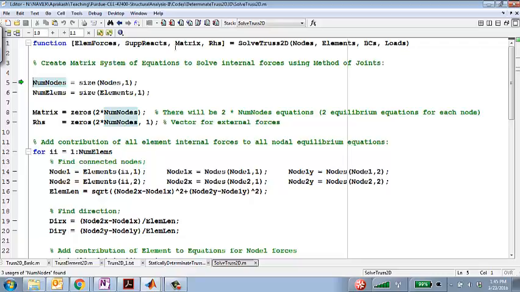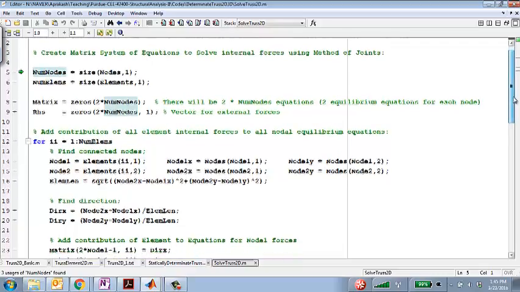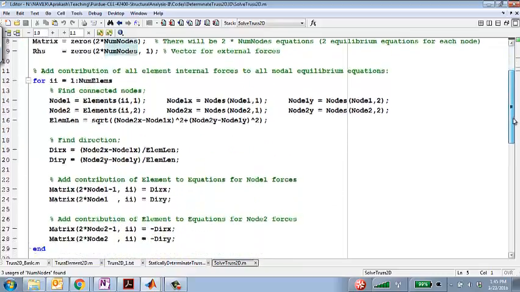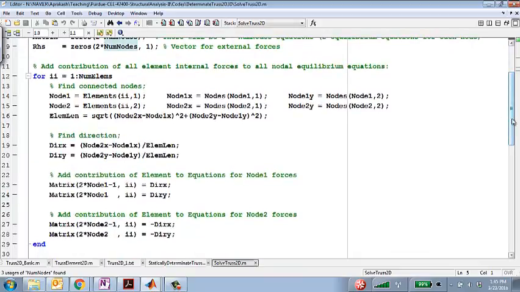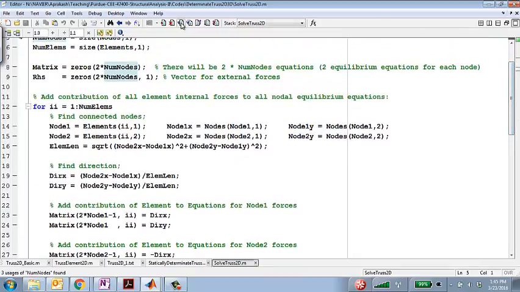What I want as output from there is element forces, support reactions, the A matrix, and the RHS, which is the F vector. What I would like you all to be able to do is to go through this code by taking one step at a time.